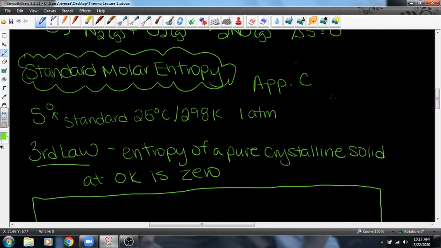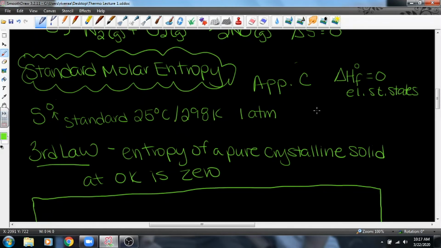And if you recall, when we were looking up standard heats of formation for substances, that's the amount of heat released or absorbed when a substance is formed. Remember, this value is equal to 0 for elements in their standard states, right? They all got formed during the Big Bang. That is not true for entropy, right?